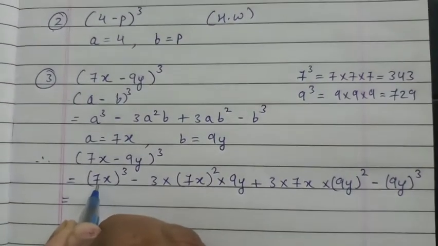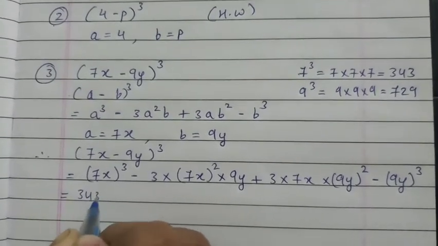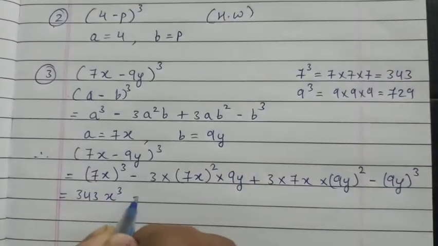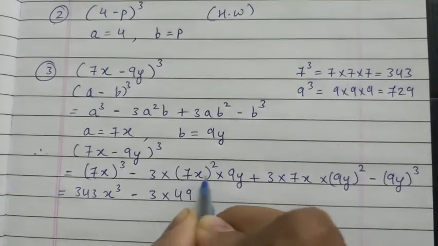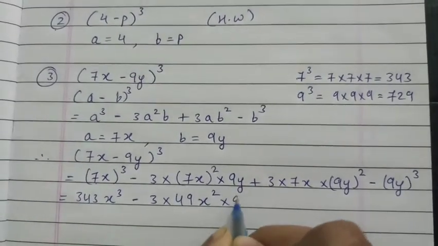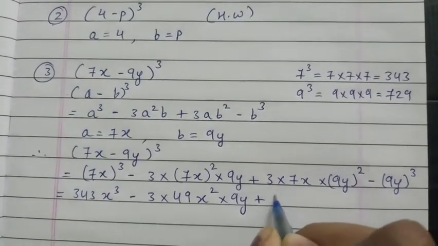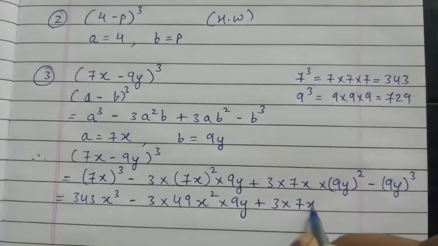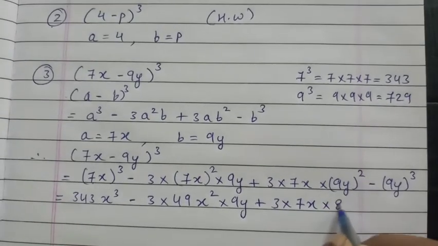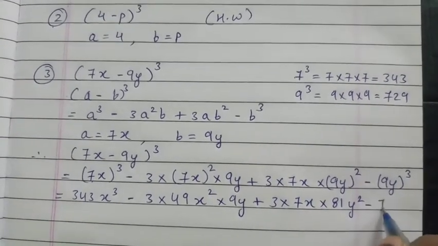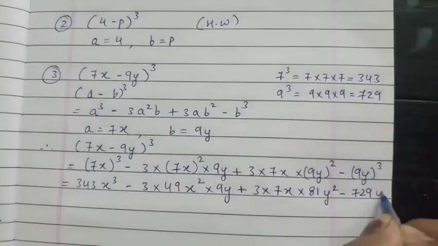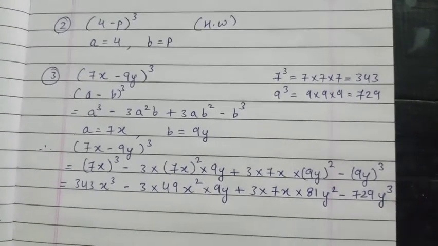You know 7 cube is 343x cube minus 3 into 7 square is 49x square into 9y plus 3 into 7x into 9 square is 81y square minus 9 cube is 729y cube.